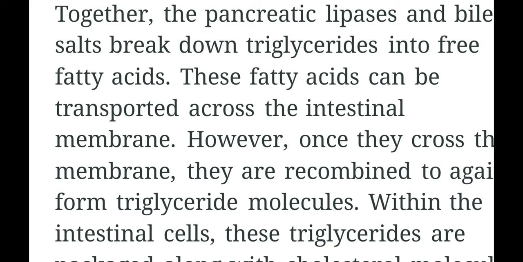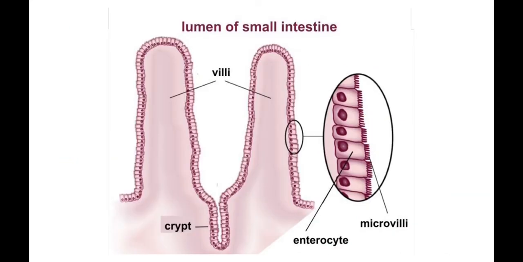Then these fatty acids and monoglycerol can be transported across the intestinal membrane. Let's look. We have inside the intestine these cells, and so the substances, these fatty acids and monoglycerol, get inside of the cells.